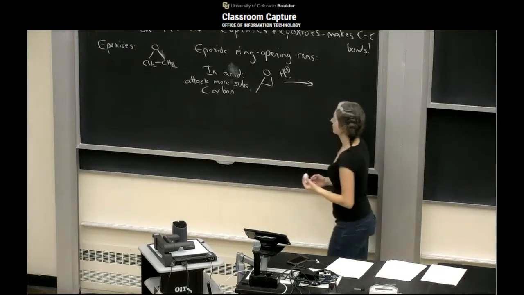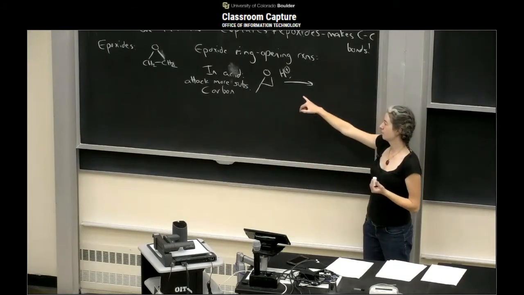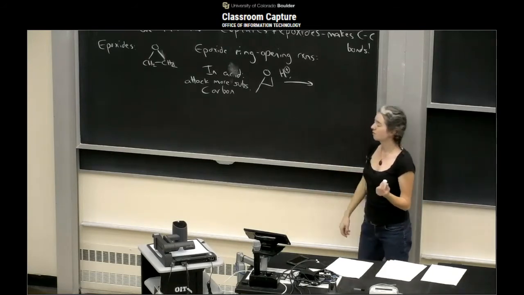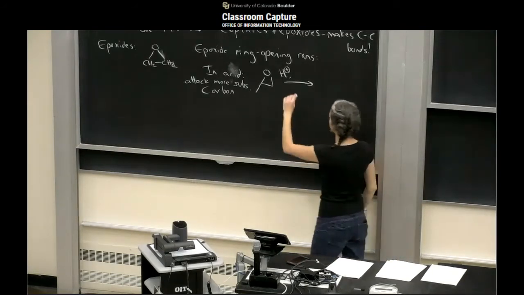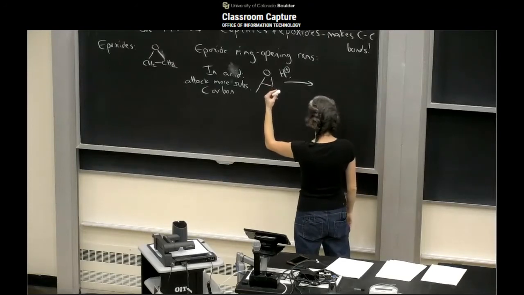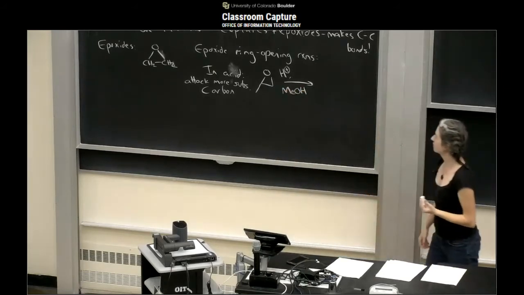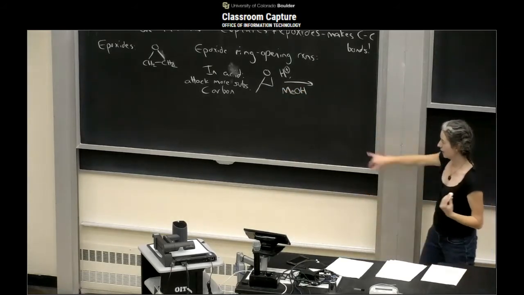And then we want something that's nucleophilic enough to come in and attack what we make after the acid gets in there. One example might be, let's say, methanol.